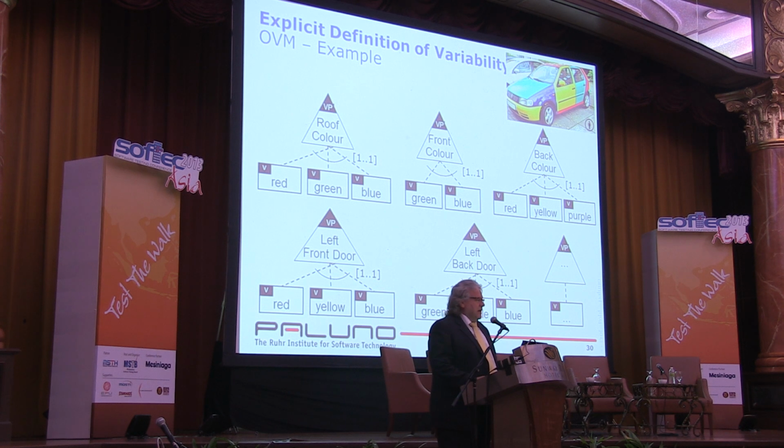The problem which comes with this is also very simple. The more variation points, the more variance you have, the more complex the development gets, and the real complexity you get with this is in testing. So the more variation points you have, the more complex the tests are. And in single system development, you already know you can't test everything.